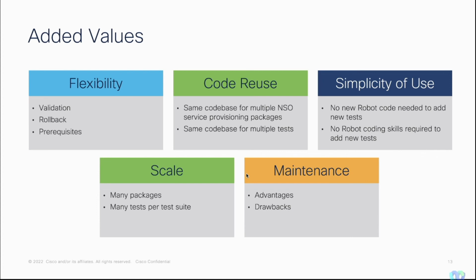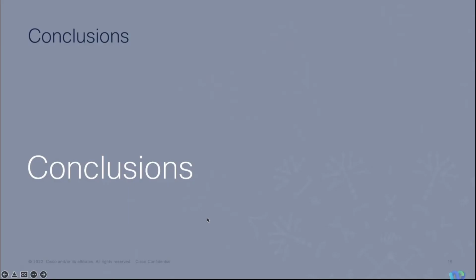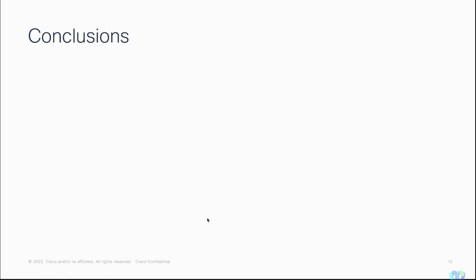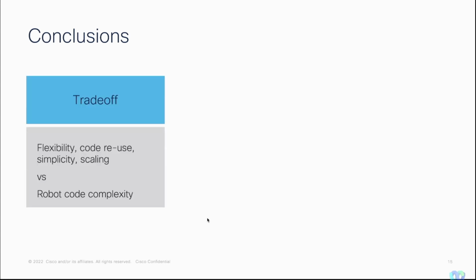So, the conclusions. In this session, we have seen the experience of Cisco CX about test automation on NSO service provisioning packages. We think that this approach, together with the process, provides a trade-off between flexibility, code reusability, simplicity, and scaling, as we have seen in the last slide, at the cost of robot code complexity.